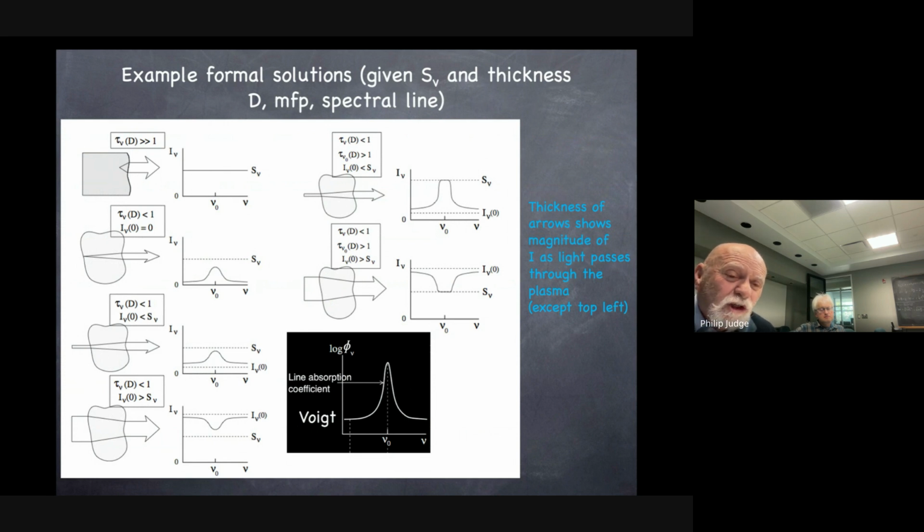And so what he's showing here is, starting from the left-hand side, we see photons far from line center. So that means that we're close to where nu is 0. We'll see all the way through to the bottom of this thing. But close to line center, we'll only see the front side of it.